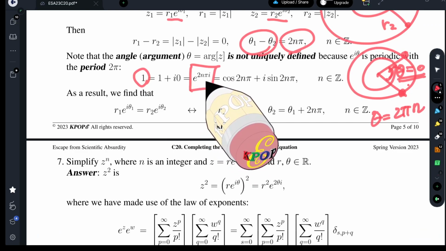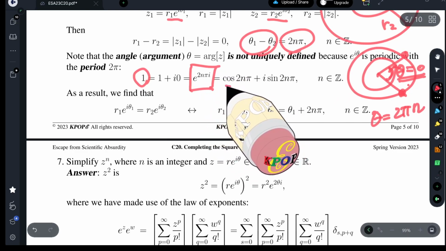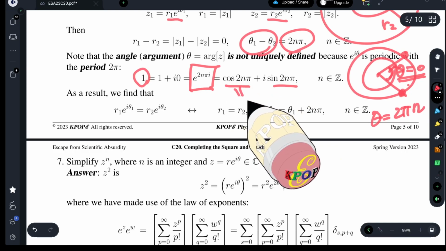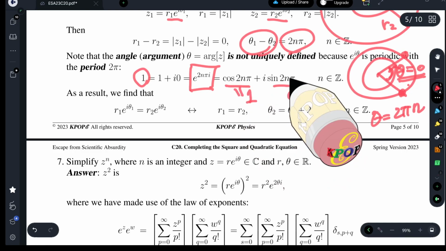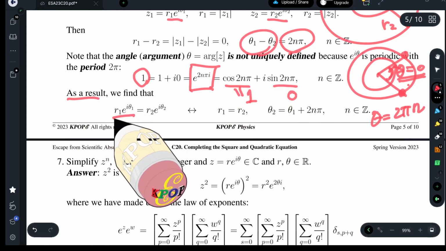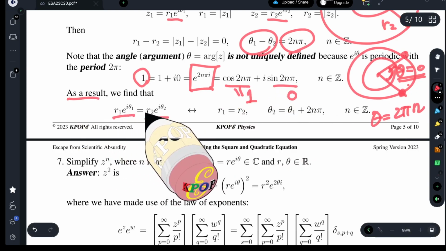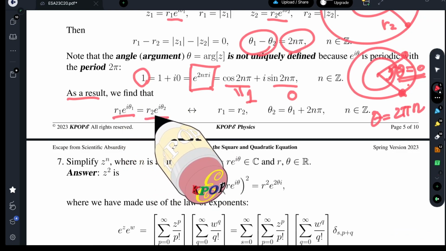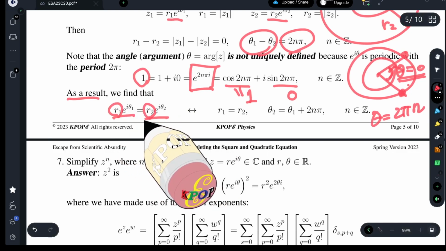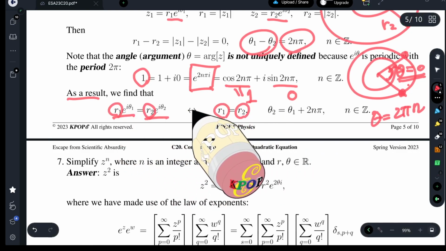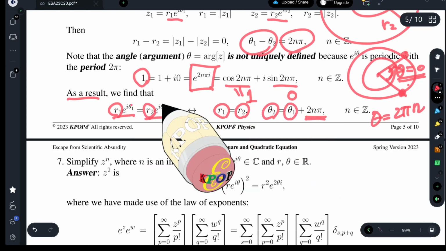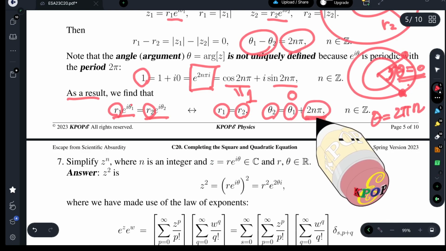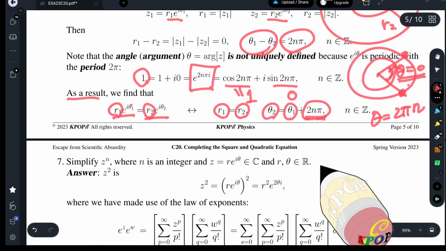That is exponential 2n pi i, because the cosine is always 1 and the sine is always 0. As a result, if I have polar coordinate representations of two complex numbers, the radii, this modulus, must be the same, but the angle doesn't have to be the same, except that the difference is 2 pi times any integer.